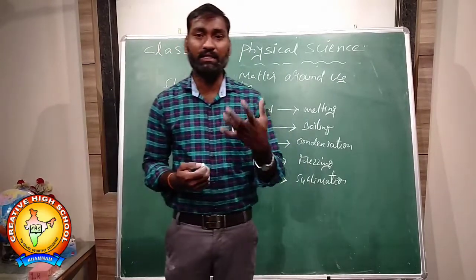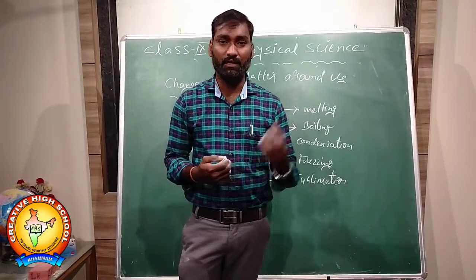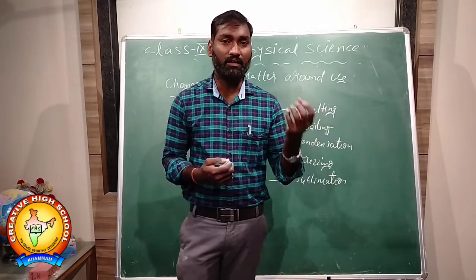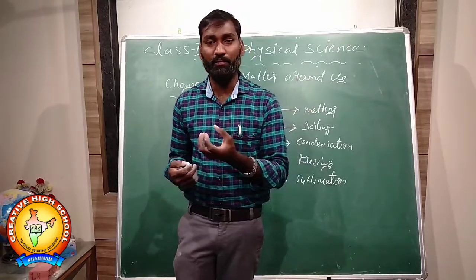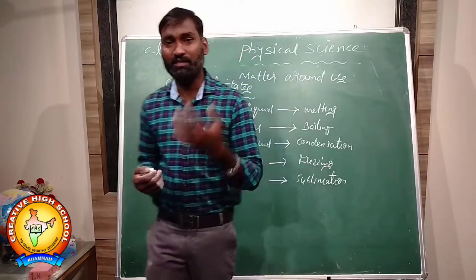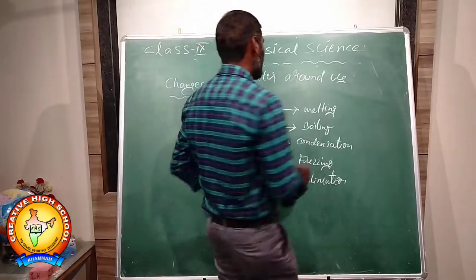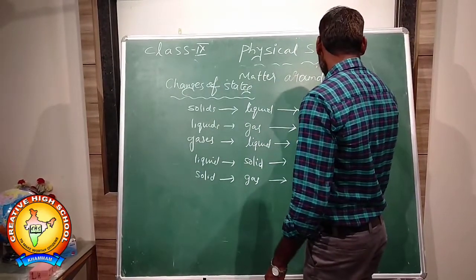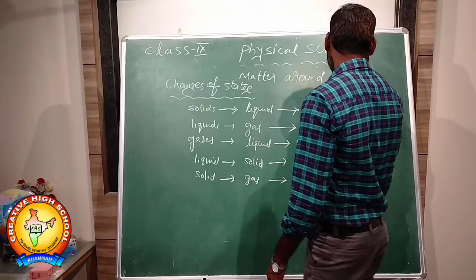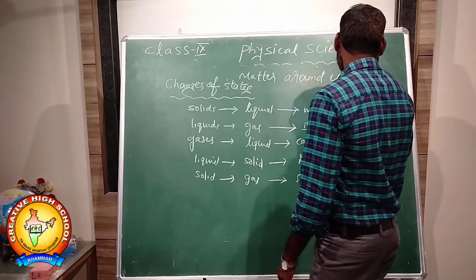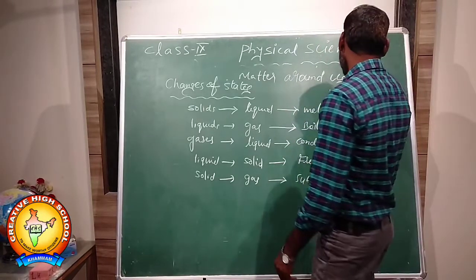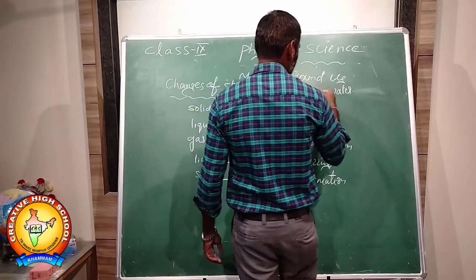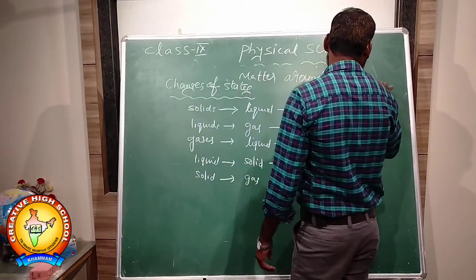It is a decrease in the temperature of the substance. We cool it down. Then what happens? Water, a liquid state, converts into solid state. So the best example is water converted into ice, or first of all, ice converted into water, converted into water vapor.